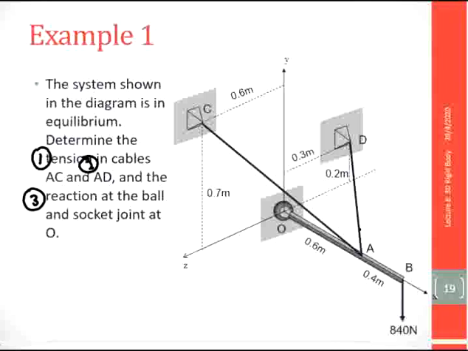We have cable 1 and 2, and when we represent the cables in the free body diagram, the direction is outward from the body. So this is TAC and this one is TAD, the tensions. So this question asks for the value of TAC, the value of TAD, and another one is the reaction here, the reaction at the ball and socket.